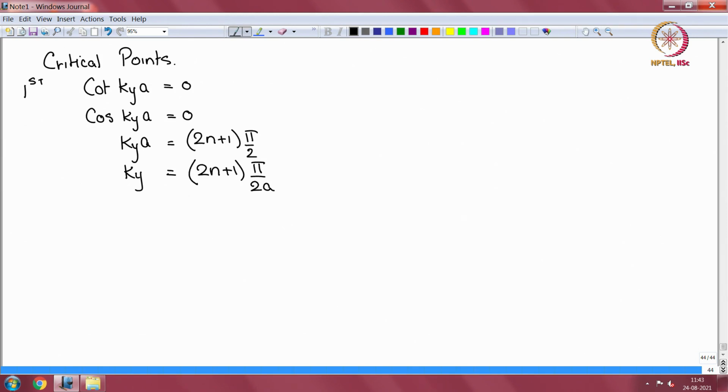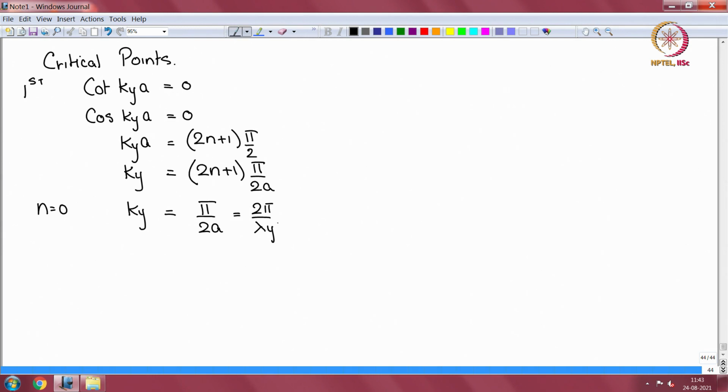Okay, so let us take the first one, which is n equal to 0. Then kya is equal to pi by 2a, which is equal to twice pi by lambda y.